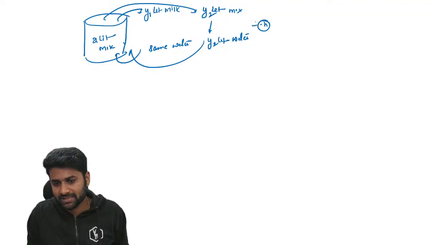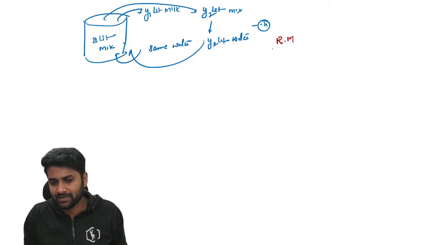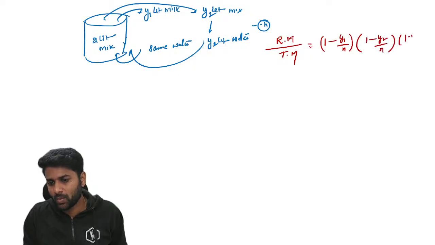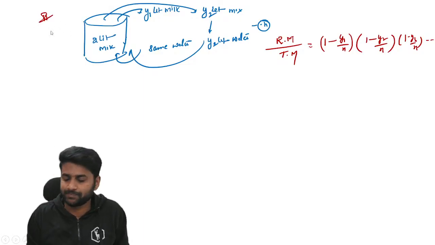And you can repeat the step n times. So if you want to calculate how much milk is available, remaining milk divided by total milk is equal to 1 minus, we are removing a different quantity each time. So 1 minus y1 by x, 1 minus y2 by x, 1 minus y3 by x, and so on. So this is case 2.